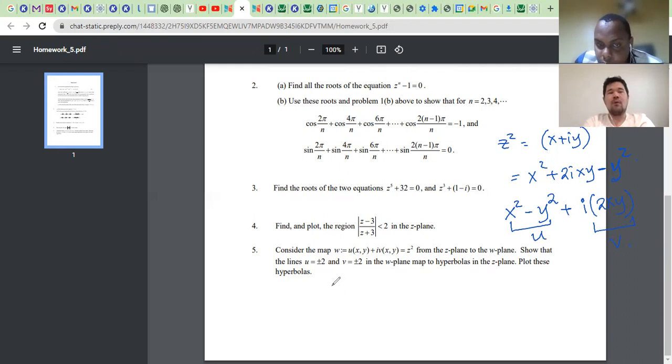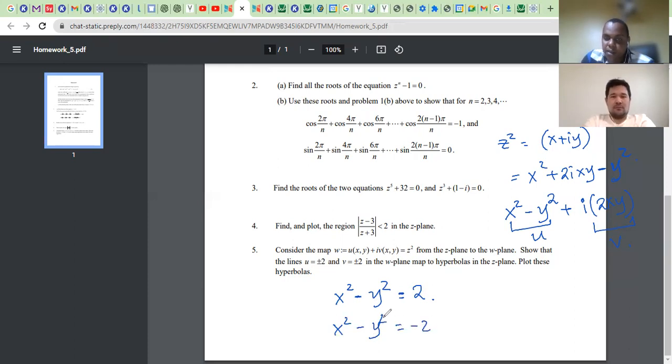And it shows the lines u equals plus or minus 2 and v equals plus or minus 2. So we can find the coordinates of x, y. x squared minus y squared equals 2, and x squared minus y squared equals negative 2.